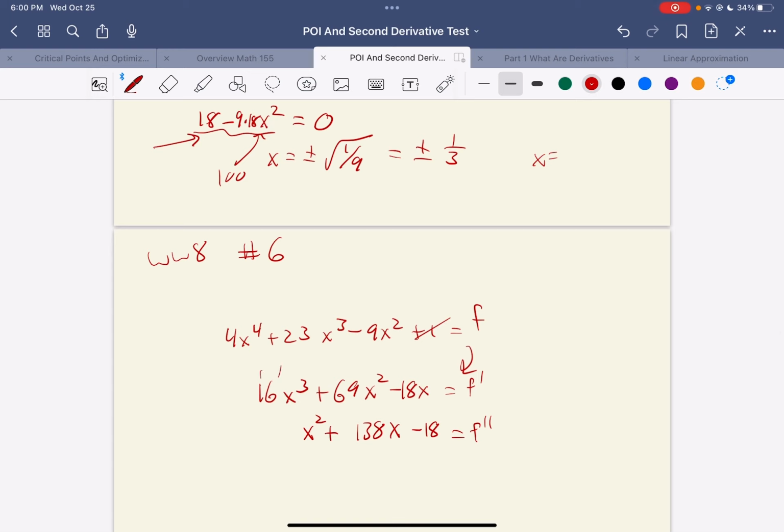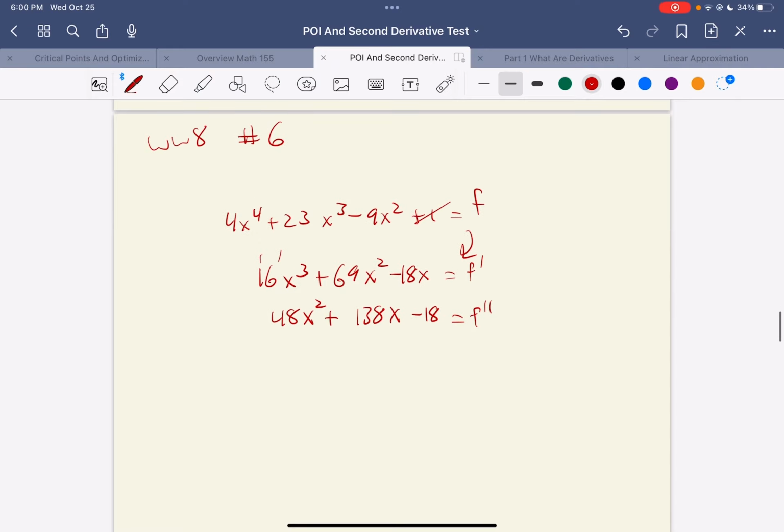So that's 30 plus 18 is 48. And now we need to figure out when this is 0. We'd set this equal to 0. We're going to get two numbers, whatever the first root is and whatever the second root is. There's going to be two different values that make this equal to 0.